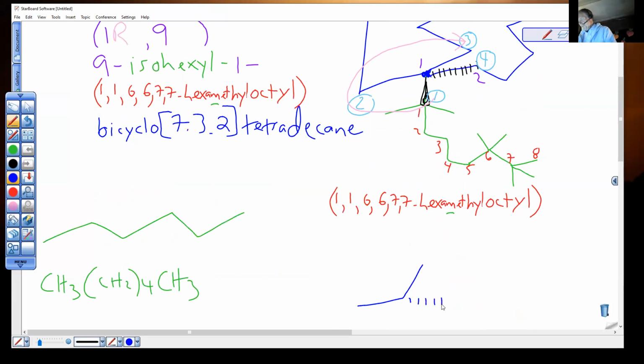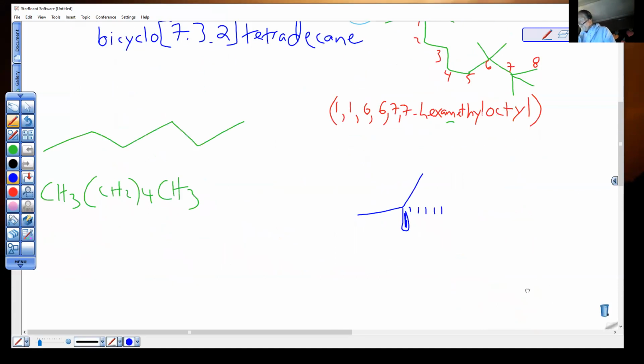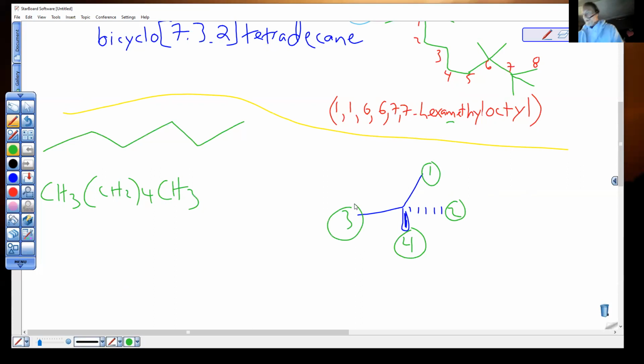If you had a stereo center like this, totally unrelated to this molecule, everything below this yellow line is unrelated to our molecule, and you had the 4 happily on a dash, this could be anything. I don't care what 1, 2, 3 are. I'm just telling you right now, when you connect 1, 2, and 3 and it looks clockwise, that's the wrong answer.